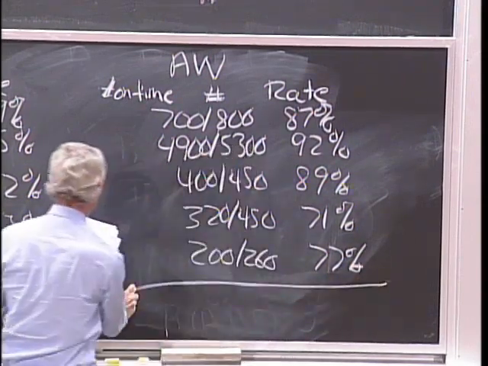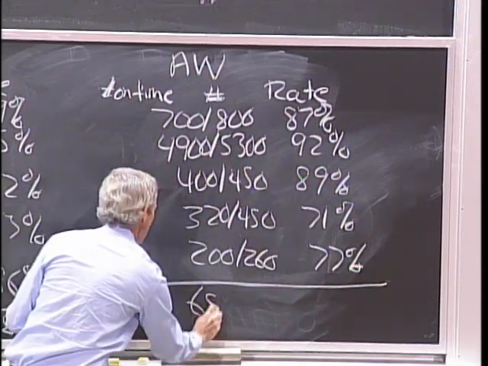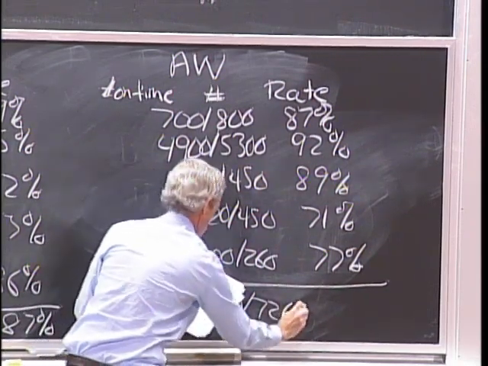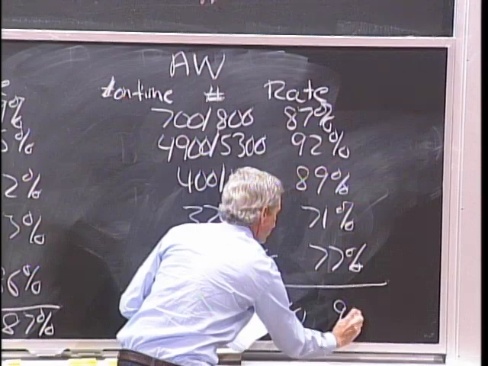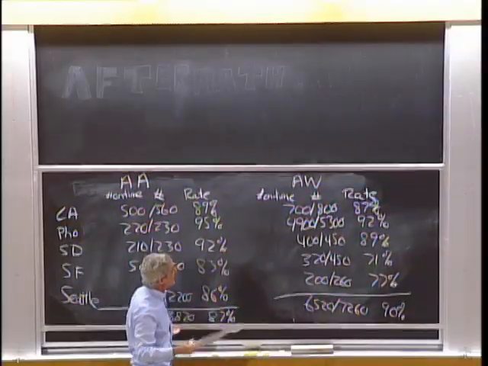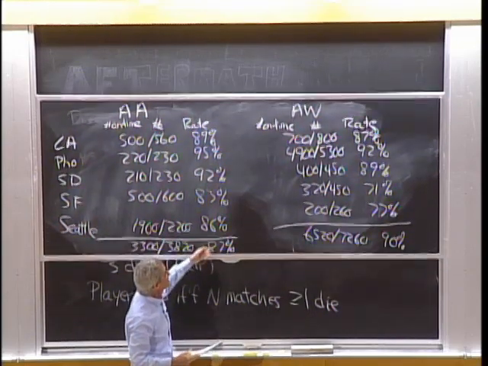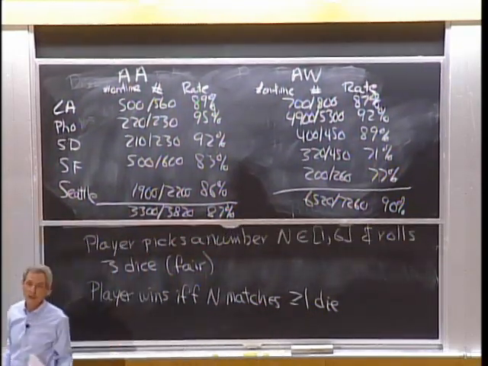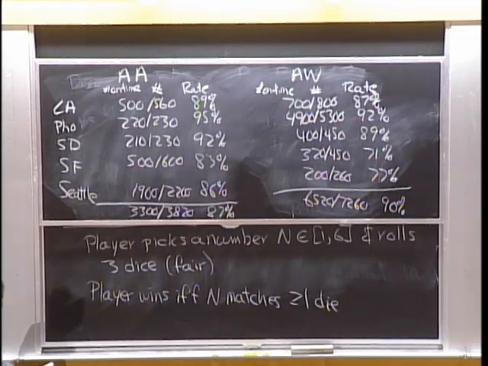And then you add all them up, and you got 6520 over 7260 for 90%. So the newspaper concluded and literally said that America West is the better airline to fly because their on-time rate is much better. It's 90% versus 87%.